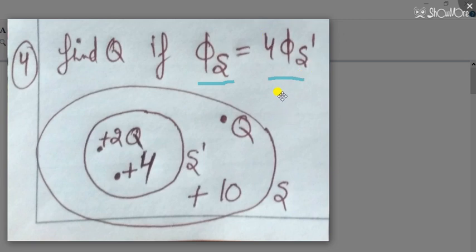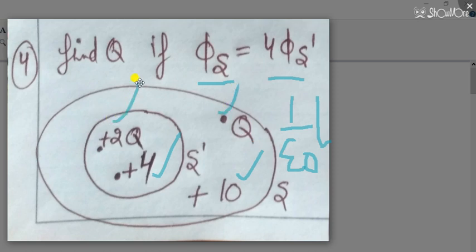Now the flux through S is equal to 1 by epsilon naught times the complete surface S, that means 4 plus 10 plus q plus 2q, so it will be 10 plus 3q. I hope it is visible.